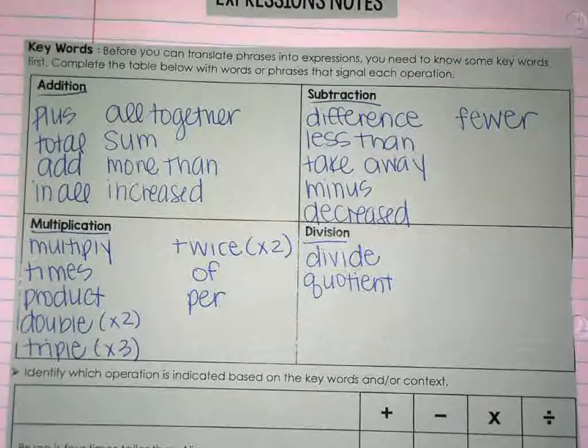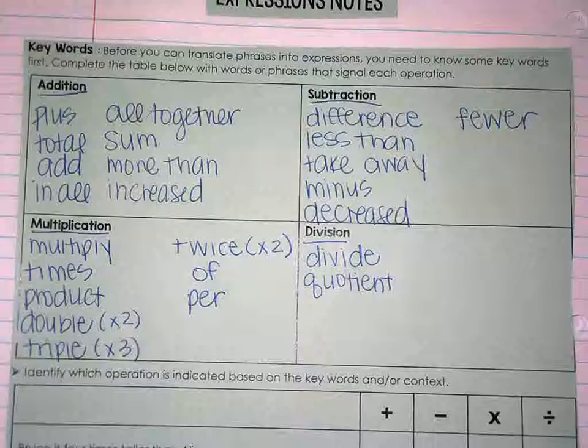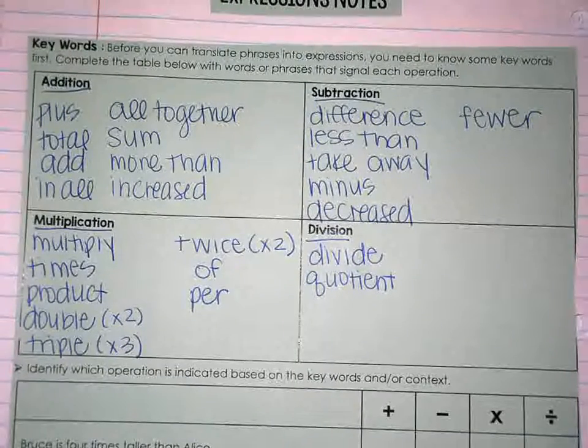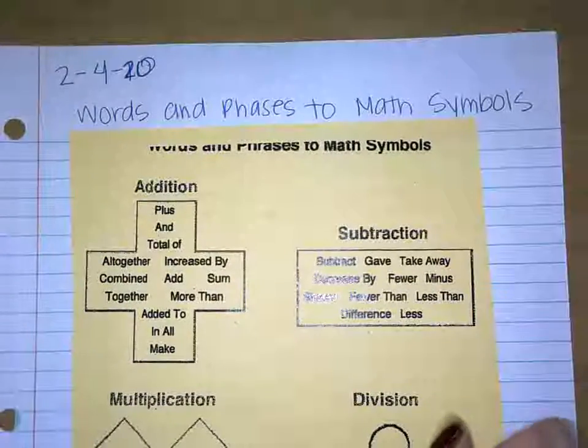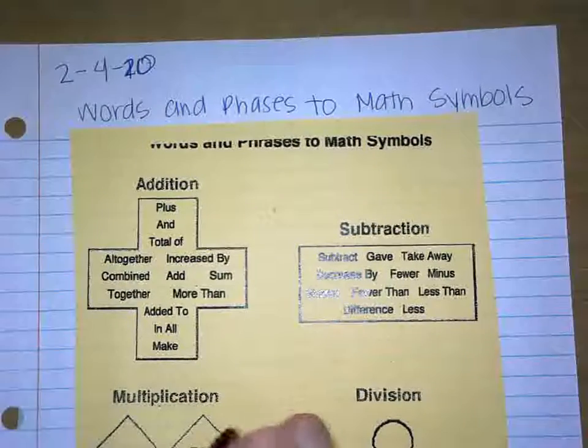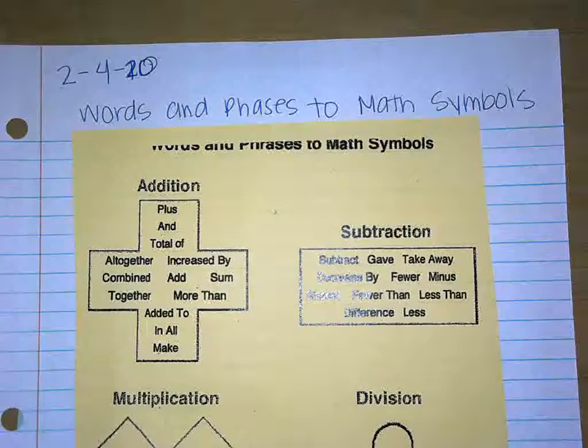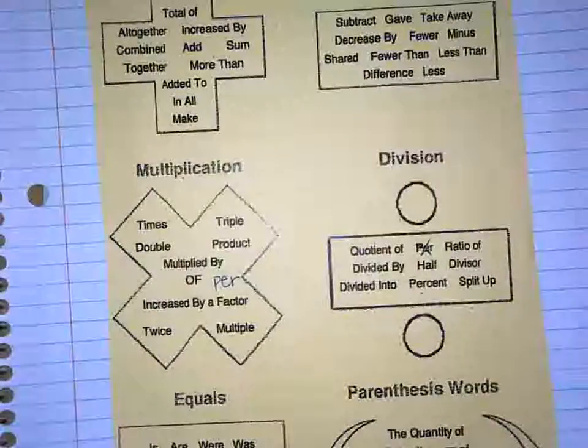Because you're talking about, like, $5 per hour means every hour I make $5. So I'll multiply. Oh, cross it off then. So cross it off division, and write it underneath your multiplication, because it is a multiplication word, not a division word.